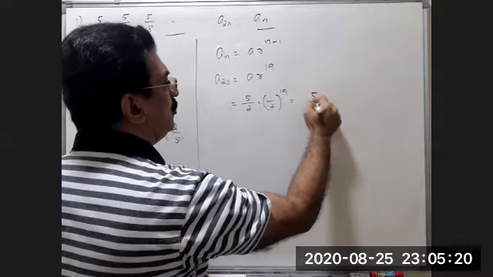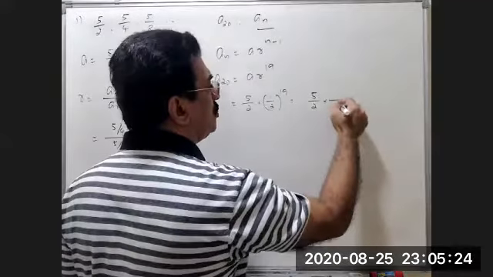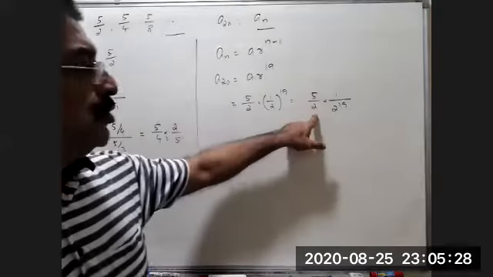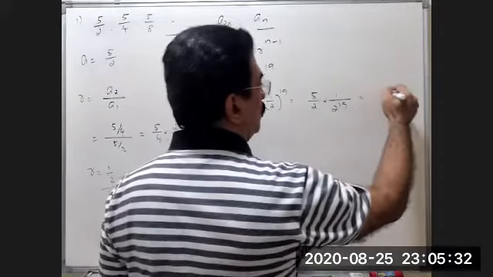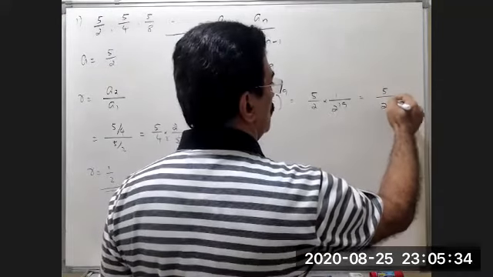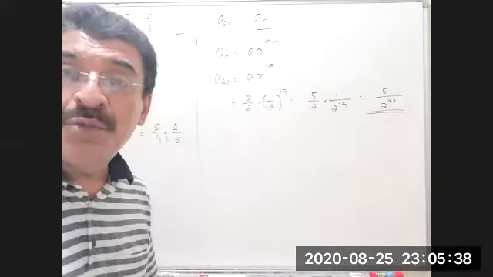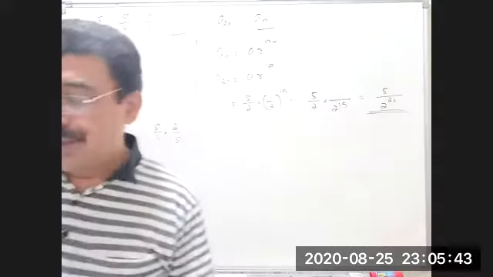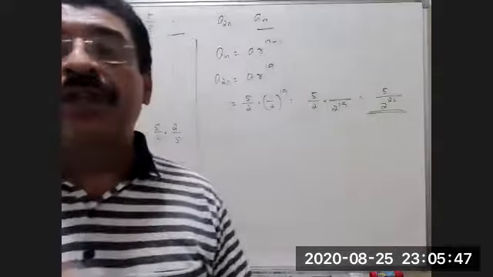So 2 multiplied by 2 raised to 19 gives the numerator 5 and the denominator 2 raised to 20. Leave it as it is. Don't go for multiplying 2 twenty times; for higher powers, leave 2 raised to 20 as it is.